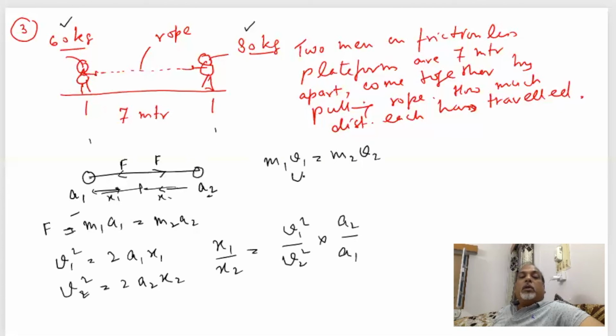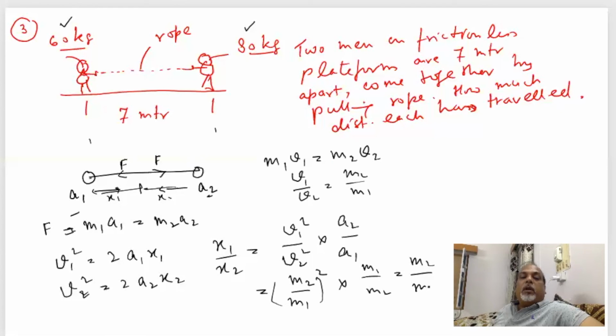So this v1 upon v2 will be nothing but m2 upon m1, or we can write it as m2 upon m1 square into a2 upon a1, which will be nothing but m1 upon m2, and this will be nothing but m2 upon m1.